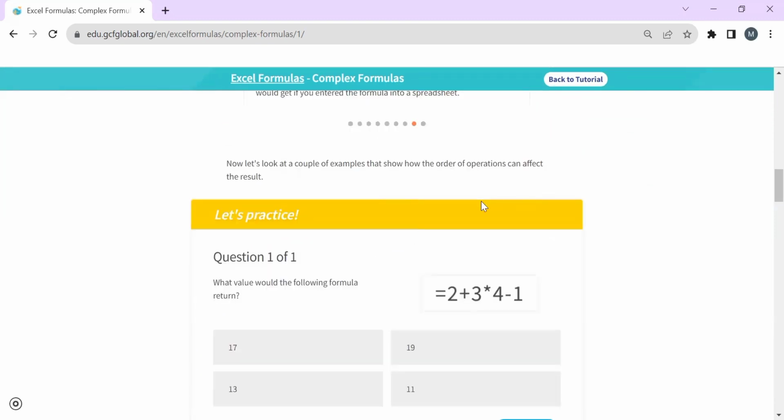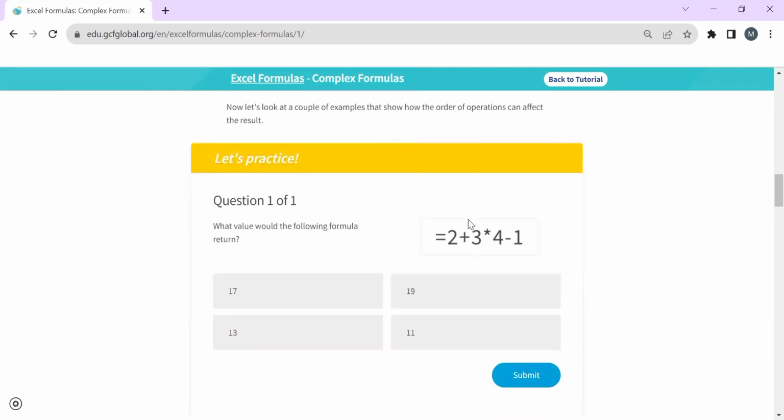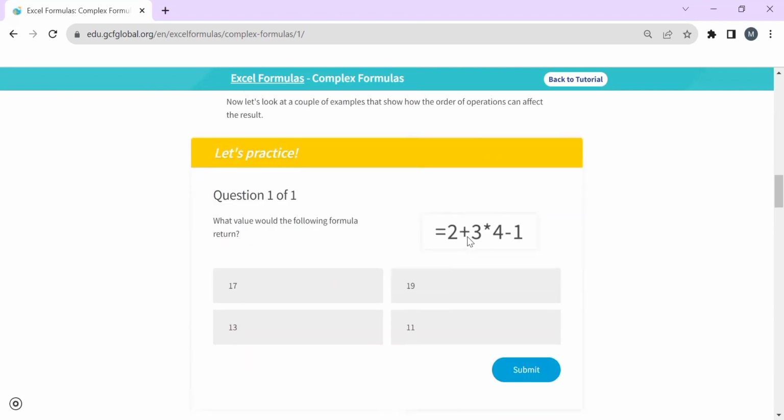Now, let's look at a couple of examples that show how the order of operation can affect the result. So, in this example, we can see is 2 plus 3 multiplied by 4 minus 1. So, gagamitin natin yung PEMDAS. So, 3 multiplied by 4, ang magiging sagot is 12.